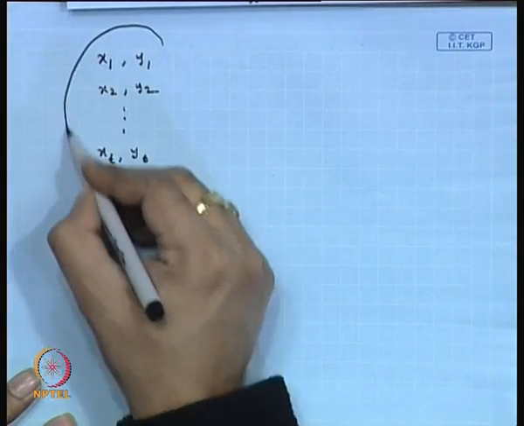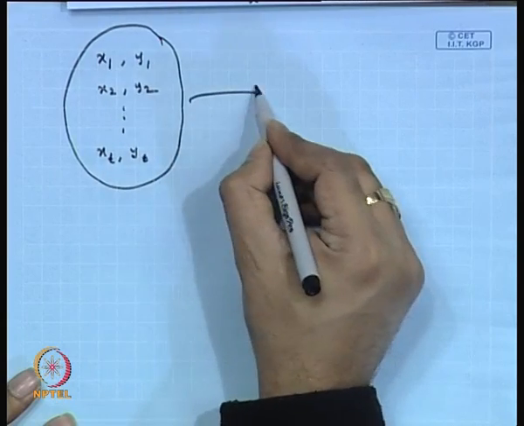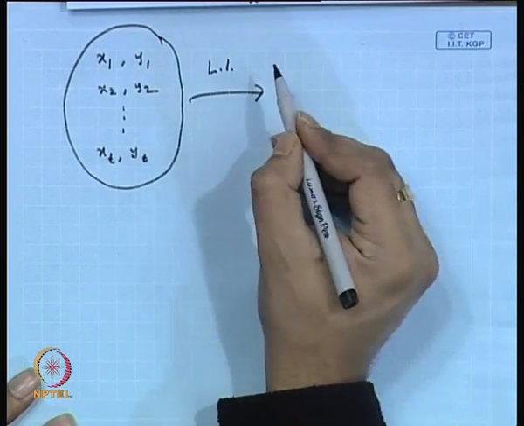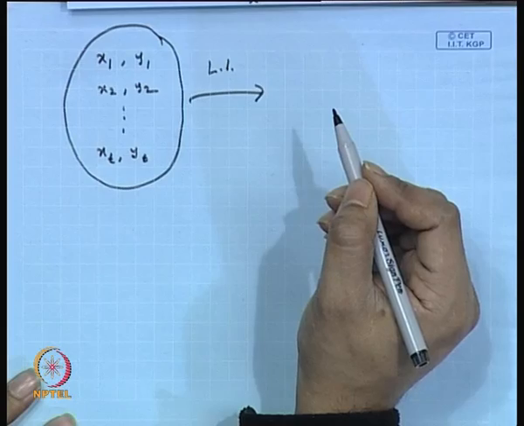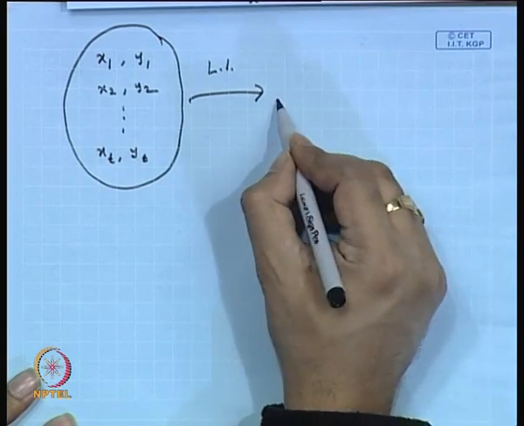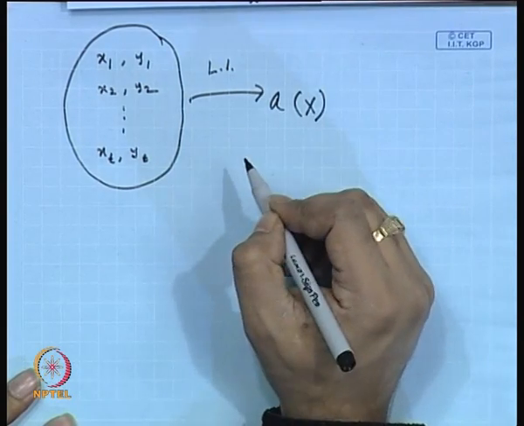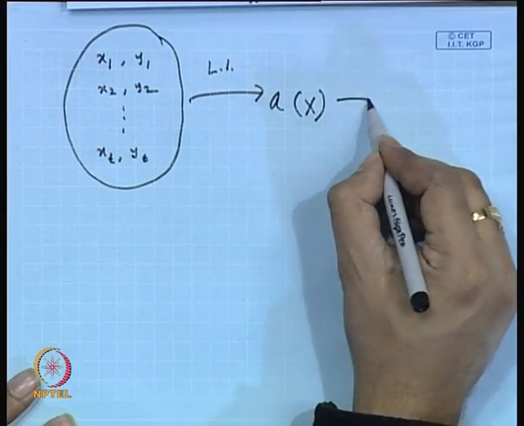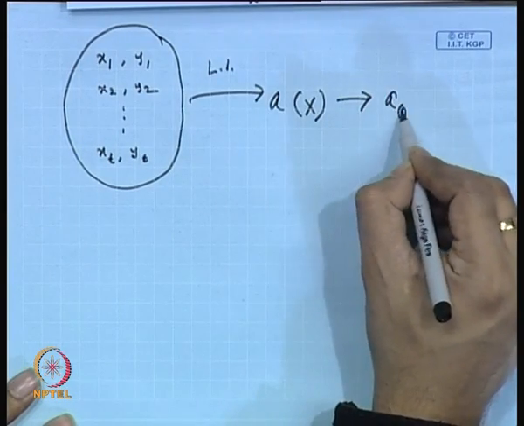So, from there they apply the Lagrange's interpolation technique to obtain the polynomial a x, right. And if they know the polynomial a x, then they know that a 0 is the secret.